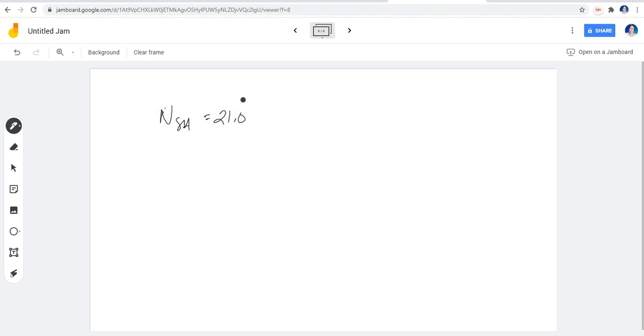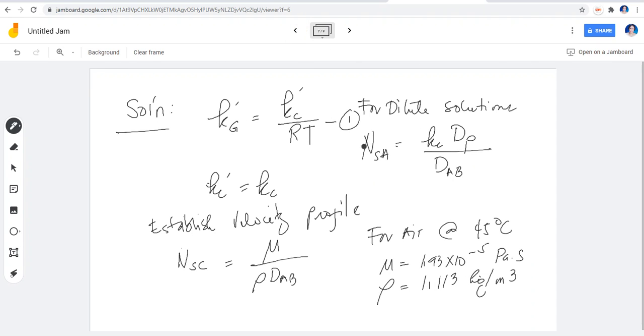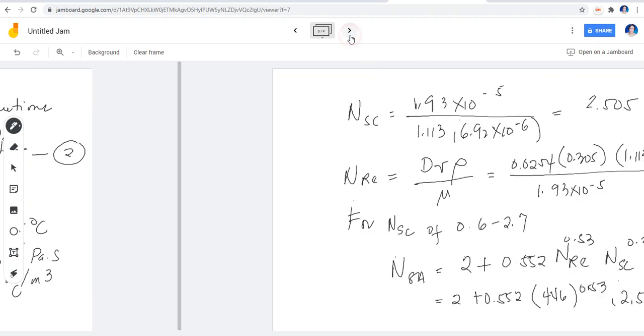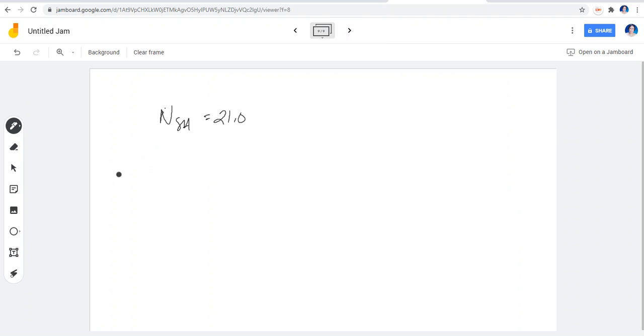This is our Sherwood number, and this same Sherwood number of 21 will be equated to this particular equation. So let's say we'll have this as equation 2 because I already set the other as equation 1. So equating 2 to our value, from 2, we have 21.0 equal to K sub C.